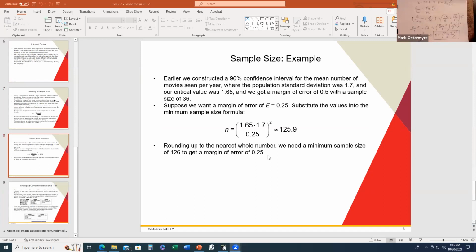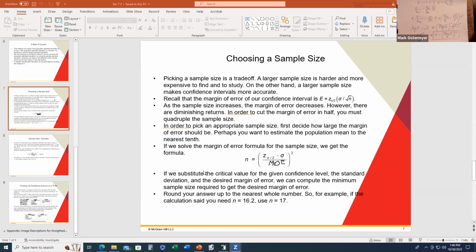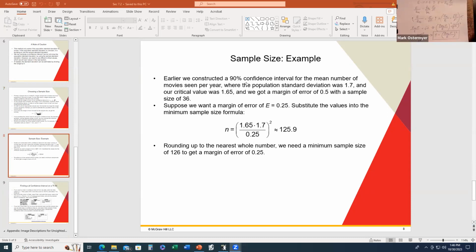Earlier, we constructed a 90% confidence interval for the mean number of movies seen per year, where the population standard deviation was assumed to be 1.7, and our critical Z value for a 90% confidence interval is 1.645, which we call 1.65. Of course, that's found by the inverse norm function. And we got a margin of error of 0.5 with a sample size of 36.